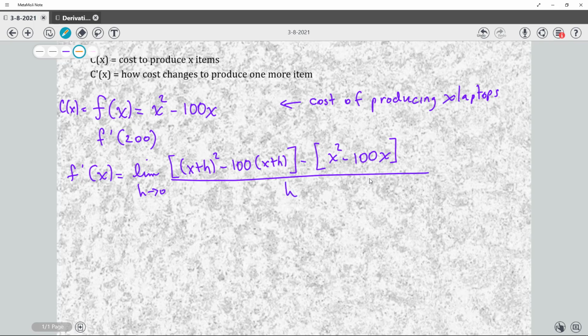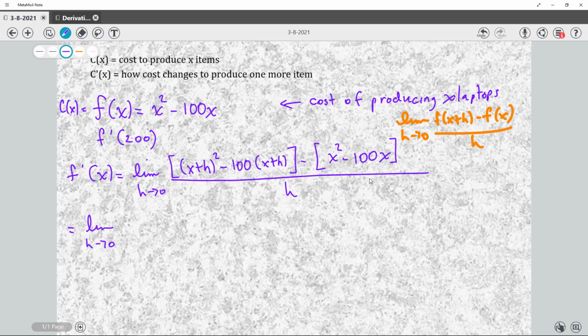So once again, hopefully you are getting this down. This is why you need repetition working these. That's the formula to find the derivative. So now, algebra, we go.